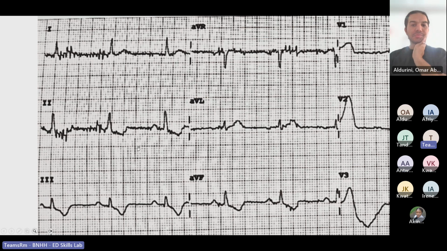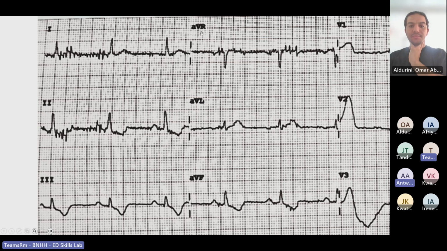In lead 2, I can see that there is ST depression there. And then lead 3, there is T wave inversion and then ST depression as well. Good. Okay, so let's move on to the other ones.